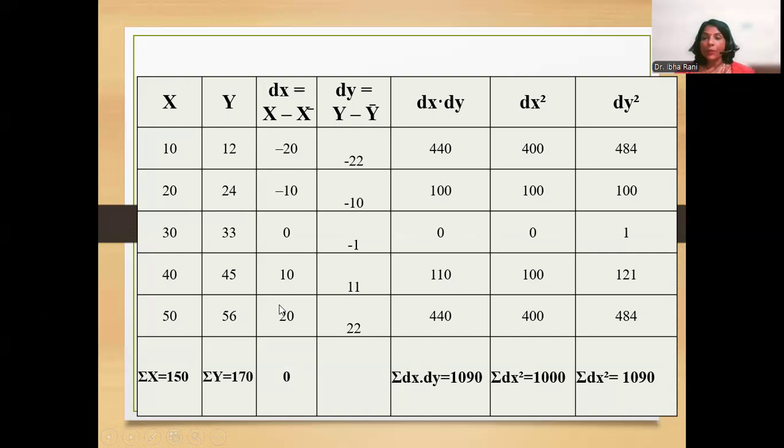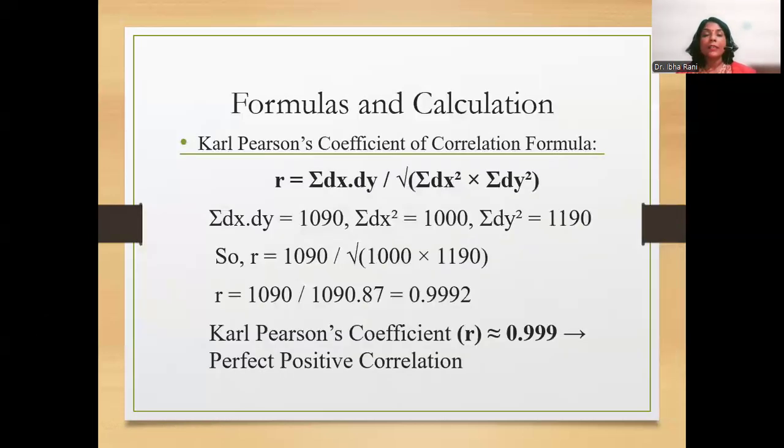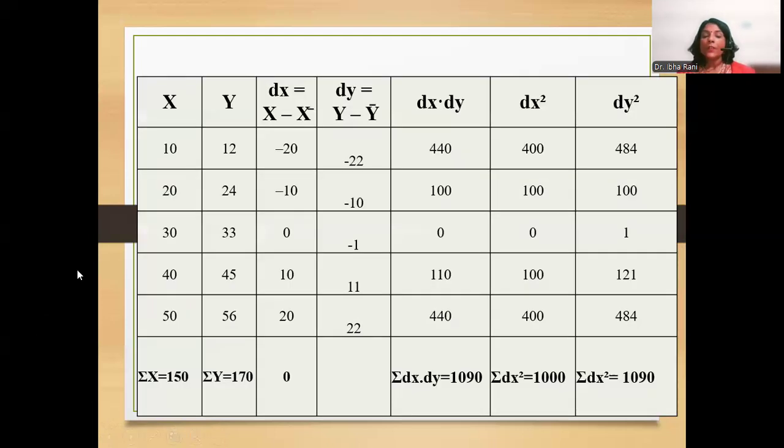And this table we will leave down. We will calculate the average of these two variables. So here, you look, summation of x is 150, and how many variables are there? Count them: 1, 2, 3, 4 and 5. So the x average will be calculated as 150 divided by 5, which gives 30.